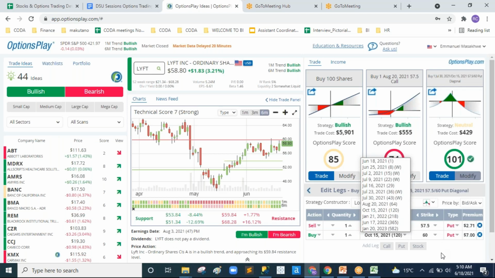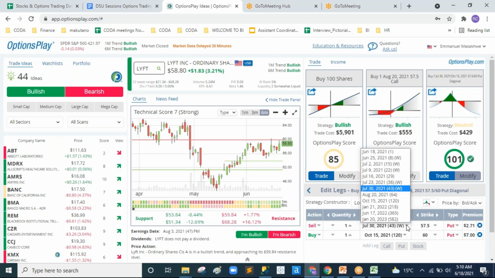So do you think you can implement it as it is? That is, we have an expiration of 43 days, that is July 30th and October 15th. No, we cannot. For a diagonal, it has to be 90 to 180 for the long one, isn't it?